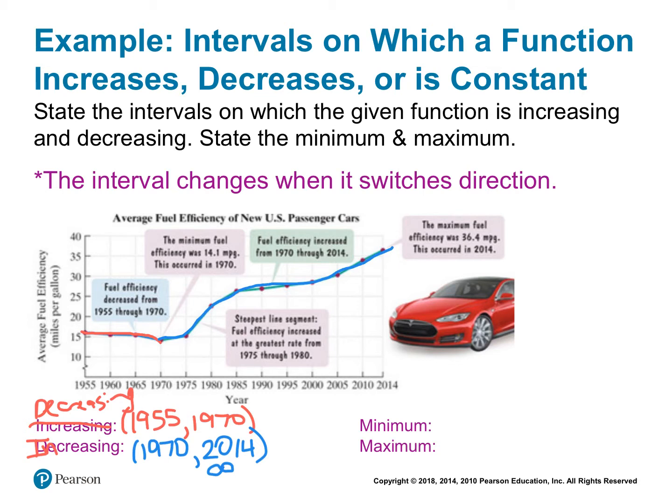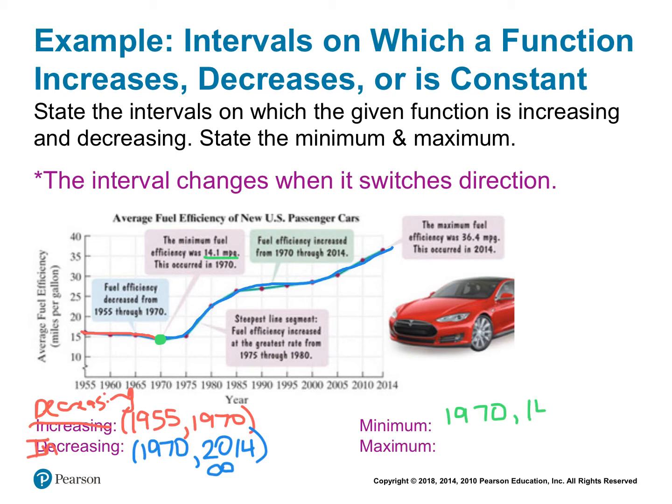Okay, the minimum is just the lowest point. So our lowest point here is right here at 1970. That is when it happened. And if you look, it does tell you that specific point was 14.1 miles per gallon.